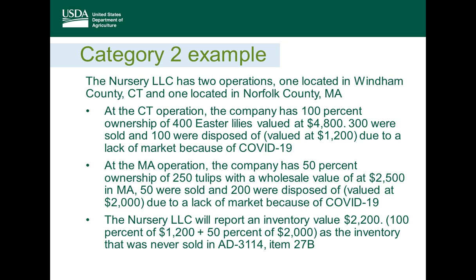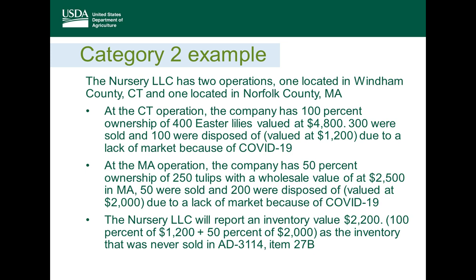An example under category 2 is the Nursery LLC, which has 2 operations, one located in Windham County, Connecticut, and one located in Norfolk County, Massachusetts. At the Connecticut operation, the company has 100% ownership of 400 Easter lilies, valued at $4,800. 300 were sold and 100 were disposed of, which were valued at roughly $1,200 due to a lack of market because of COVID-19.